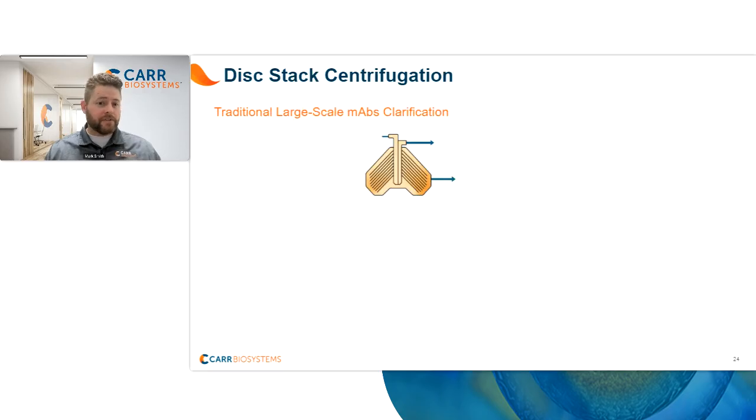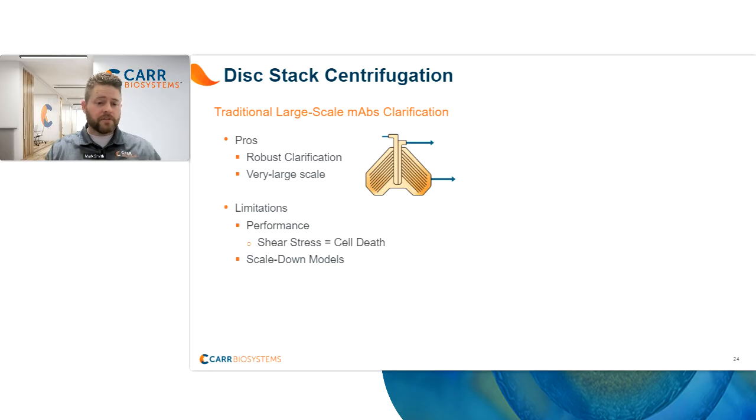So now disc stack centrifugation. We bring this one in the mix, not because we've seen it, but because we've heard that, traditionally, of course, large-scale MAPS clarification uses disc stack centrifuges, really robust clarification, and can get to very large scales in terms of processing volume. One of the things that's typically associated with disc stack centrifugation is shear stress. And of course, shear stress can drive cell death.